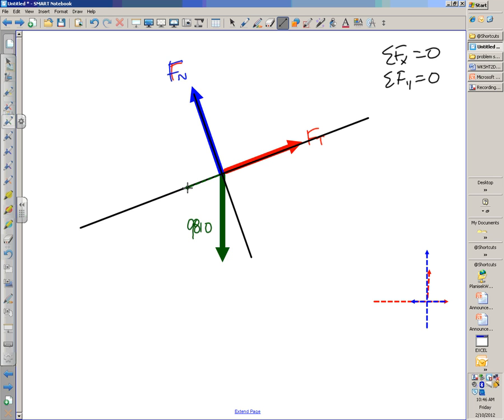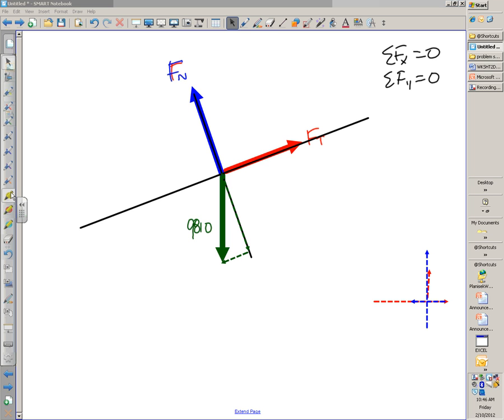And we talked about that the components have to lie along the x-axis and the y-axis of our problem. So if we're going to treat this problem like this, we're going to draw component vectors for gravity. One along the horizontal axis, one along the vertical axis, just like that. I'm going to make my horizontal one a little shorter. Okay? Just like that. Now, that doesn't help us a whole lot. But remember, we can move vectors around, so I'm going to take my horizontal vector and bring it down here.